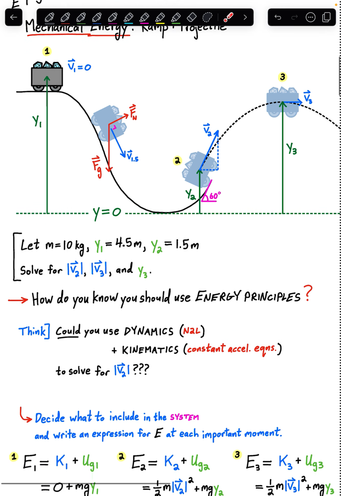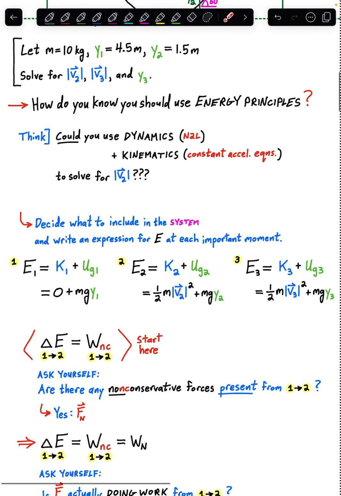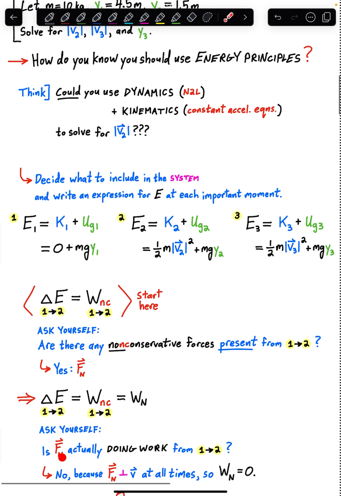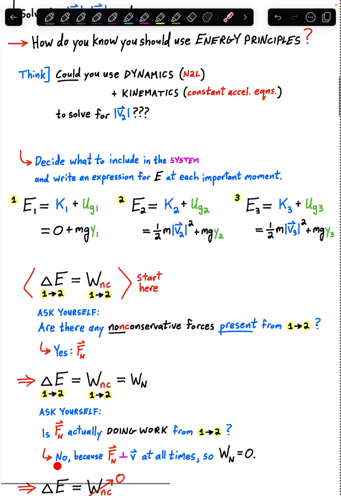It is there. So that's potentially a concern because non-conservative forces, when they do work, they change the energy of a system. So we ask ourselves, is that normal force actually doing work from moment 1 to 2? And we've already decided no, because the normal force is perpendicular to the velocity at all those times.